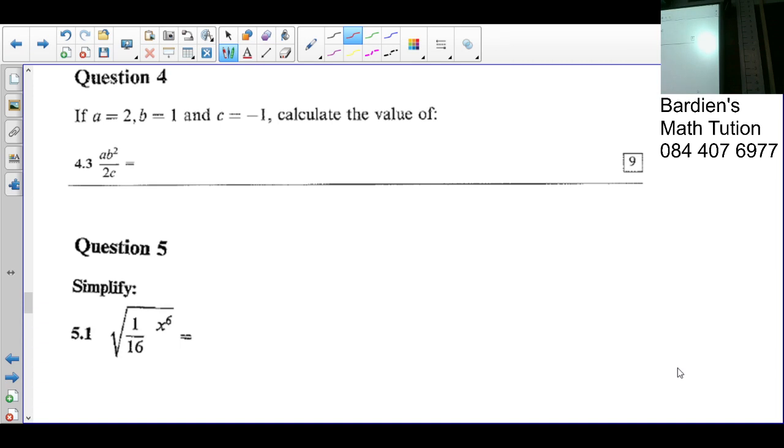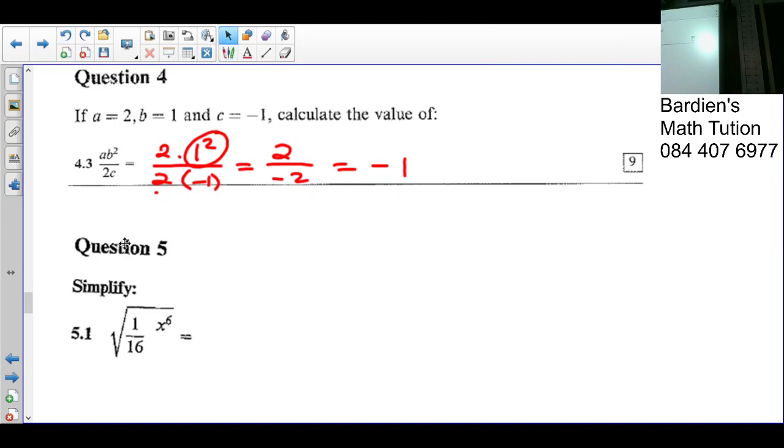So what is A? 2 times B, 1 squared. I can put it in a bracket. Over 2 times negative 1. So 2 squared is, 1 squared? 1. And 1 times 2? 2 over 2 times negative 1? Negative 2. Which is? Negative 1. Okay. You all okay with that?